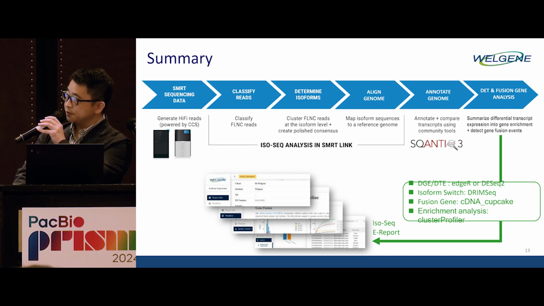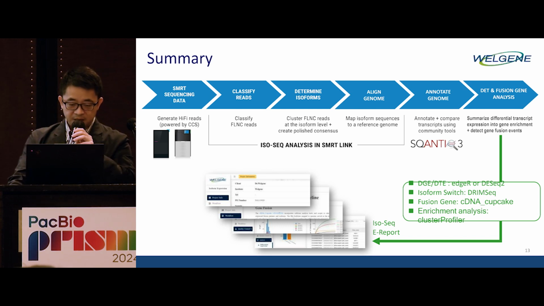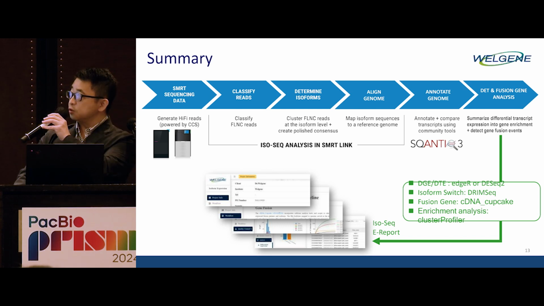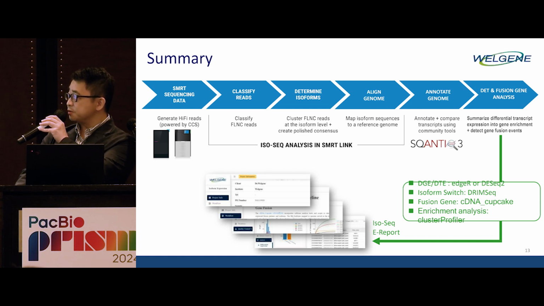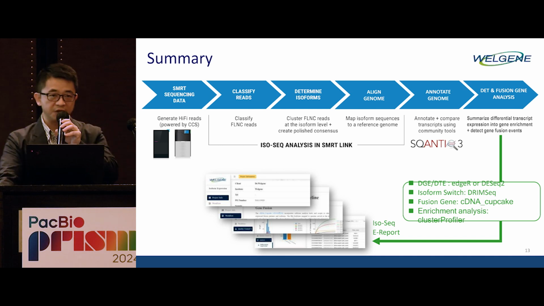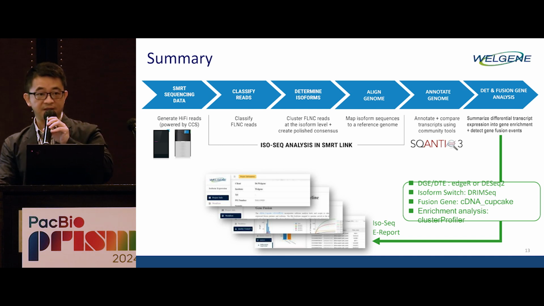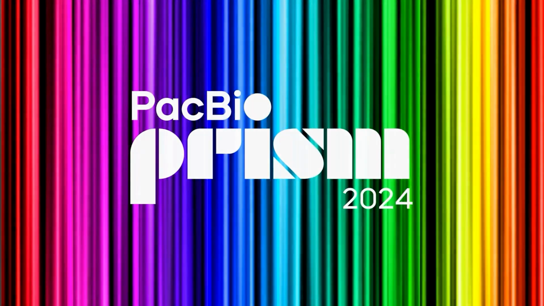Once you get the data from the instrument, SMRT Link will process it to do some basic analysis, then Quanti will classify the isoforms. Then secondary analysis will process DGE, isoform switch, DRAM, fusion gene, and enrichment analysis. Then the e-report will be generated. That's my talk. Thank you.